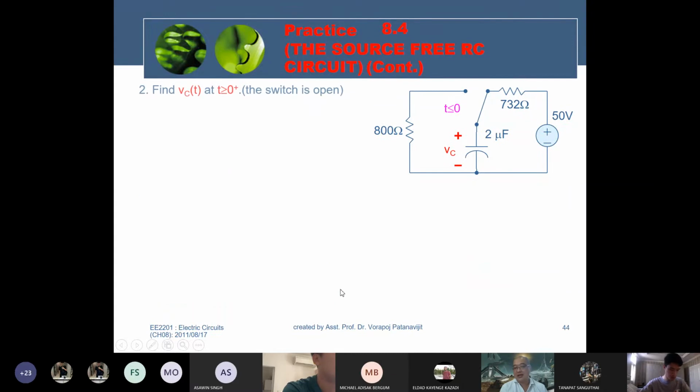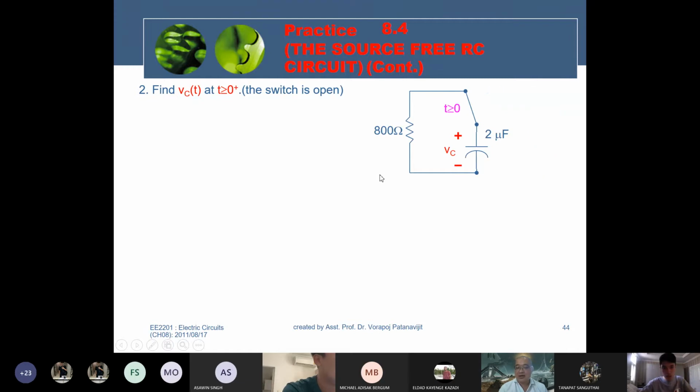The next step, determine VC for time greater than 0. For time greater than 0, the switch is placed in this position. You can see that in this step we use another resistance. Now the capacitor is no longer connected to the 732 ohm resistor. It will be connected to the 800 ohm resistor.